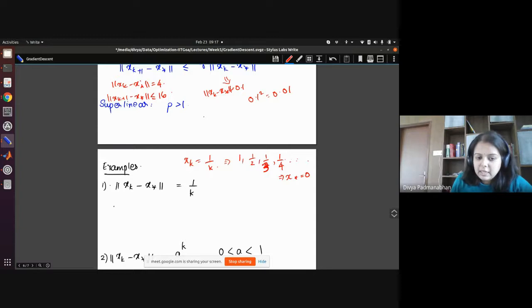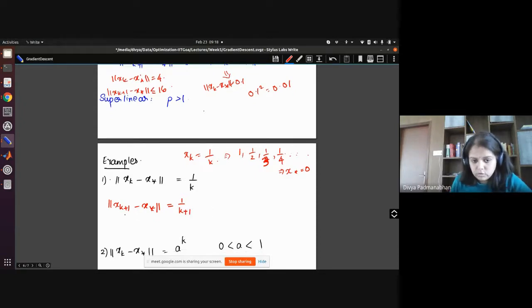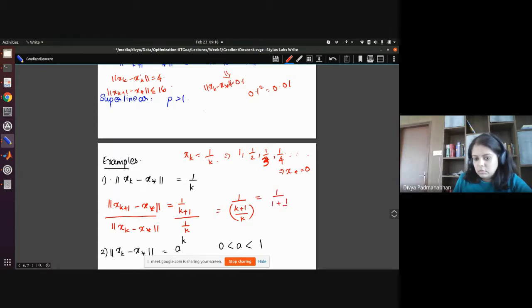Now if you take x_{k+1} minus x star, what are you going to get? It's the same thing, just 1 by k plus 1. Now if you take this ratio with ||x_k - x*||, which is 1 by k, this is 1 by k plus 1 divided by 1 by k. You can simplify this further: 1 by 1 plus 1 by k.